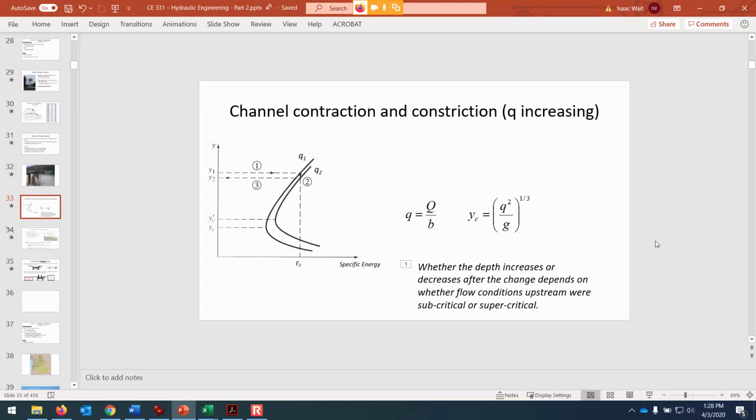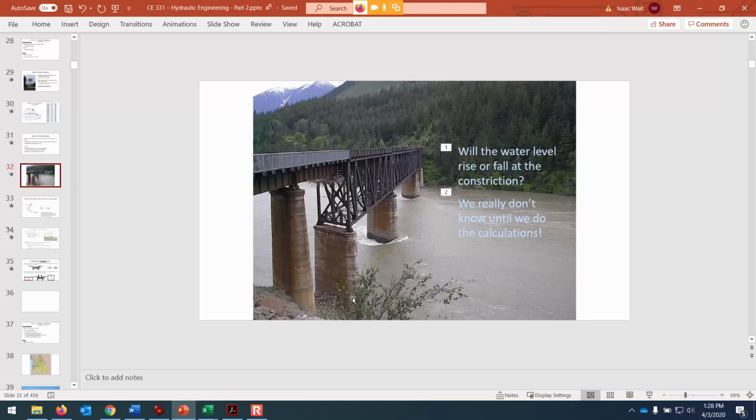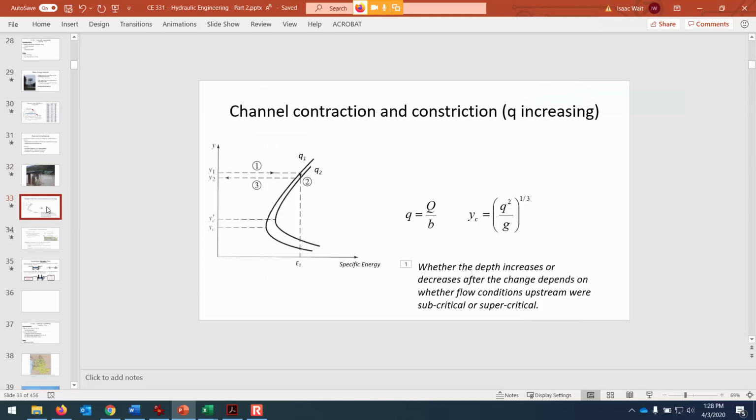And so when you're making the channel narrower, like effectively narrower because you put in these obstructions so that you have less flow width than you had before, you're shifting the curve up and to the right. And so there could be two different flow effects that occur. Like if your original depth was subcritical, then the new depth is going to decrease.